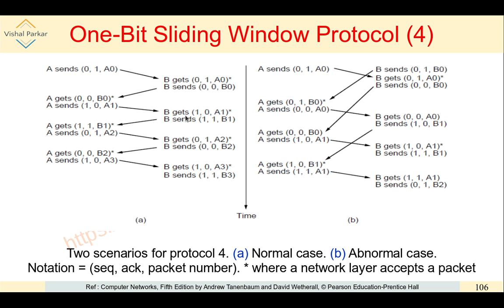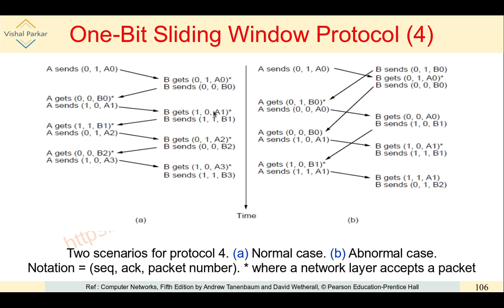Now that is arriving at B, and as it has not already received, that's why A1, the new frame with sequence number 1, B has simultaneously got the acknowledgement for the previously sent frame, and A1 is the newly received thing. That means the sequence number 1 has not already been received.